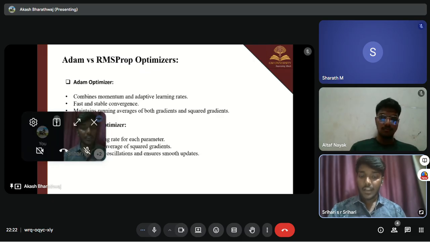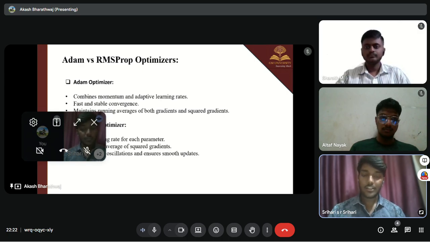And Adam, the full form of which is adaptive moment estimation, maintains two exponentially decaying moving averages, the first moment and the second moment. The first moment, the average of past gradients like momentum, accelerates convergence by building up velocity in consistent directions, reducing noise and escaping shallow local minima.